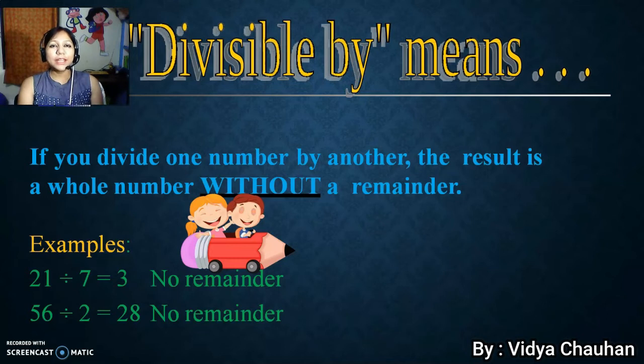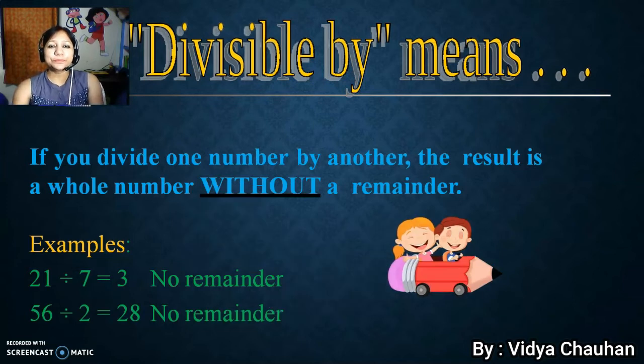So once again I can say that 56 is divisible by 2. So divisible by actually means when the divisor completely divides the dividend, leaving no remainder, or 0 as remainder. I hope this is clear to all of you.